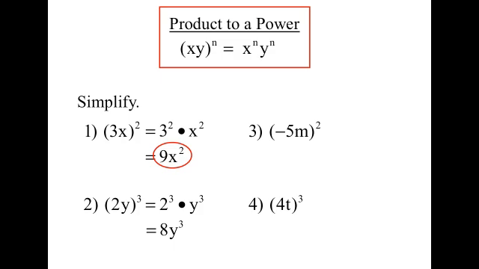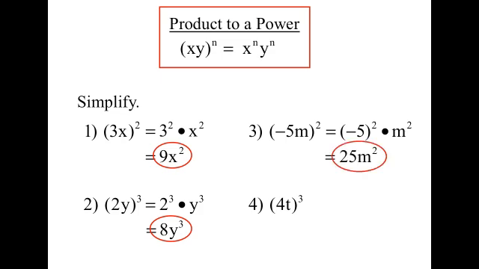So inside we're taking both the negative to the 2nd power, the 5 to the 2nd power, and m to the 2nd power. So negative 5 to the 2nd power times m to the 2nd power is 25m to the 2nd power. Number 4 would be 4 to the 3rd power times t to the 3rd power, and 4 to the 3rd power makes 64t to the 3rd power.